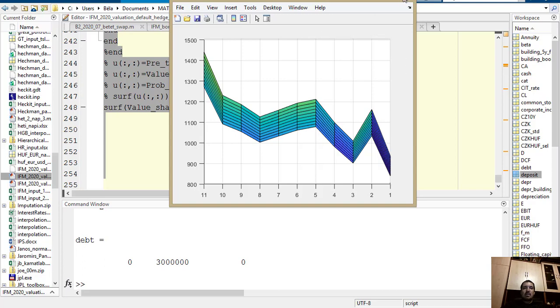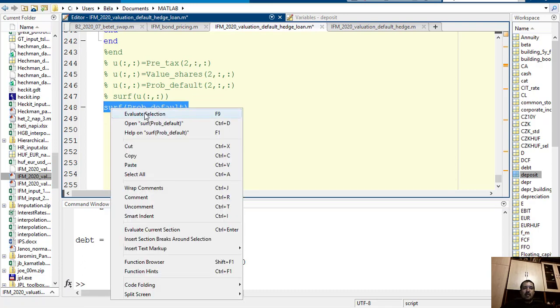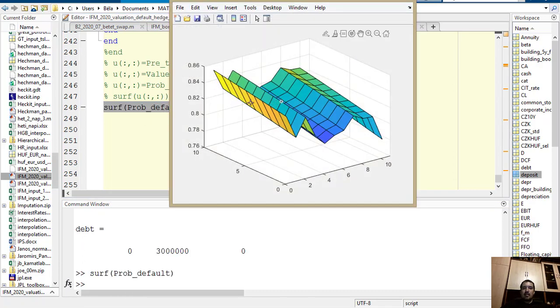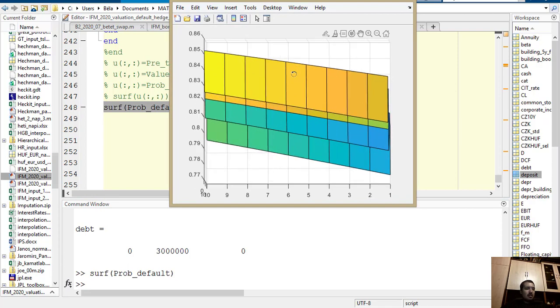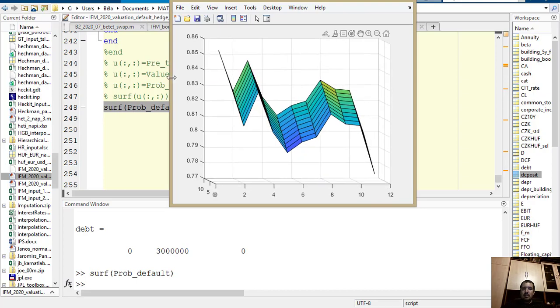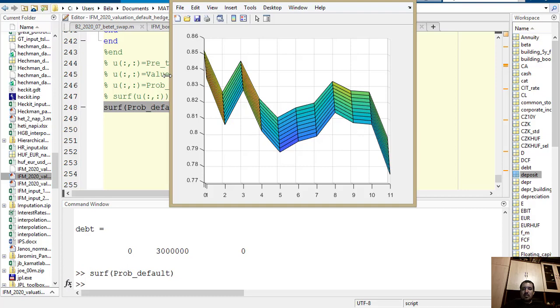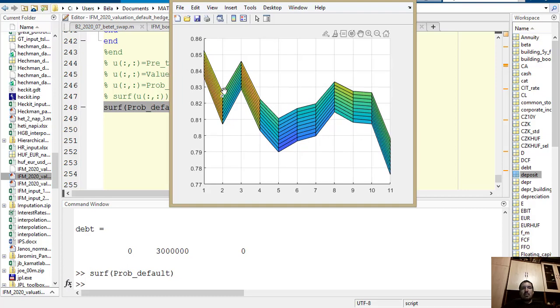Neat. So let's see what is happening with the probability of default. And with the probability of default, whoa, yeah, because we don't have so much money.